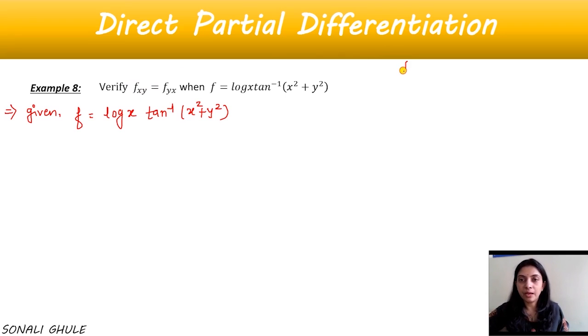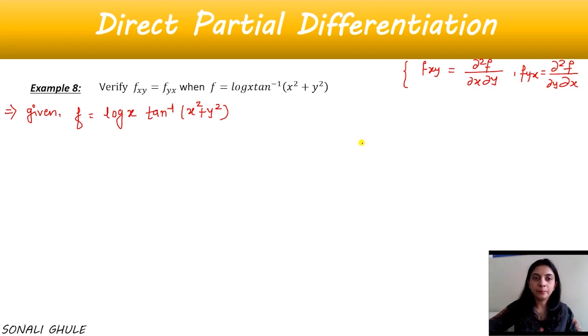This is a rough work I am using here. f_xy means I can write here dou 2 f upon dou x dou y. And f_yx we can write dou 2 f upon dou y dou x. So first of all solving this, I am going to differentiate this with respect to y first and then with respect to x.